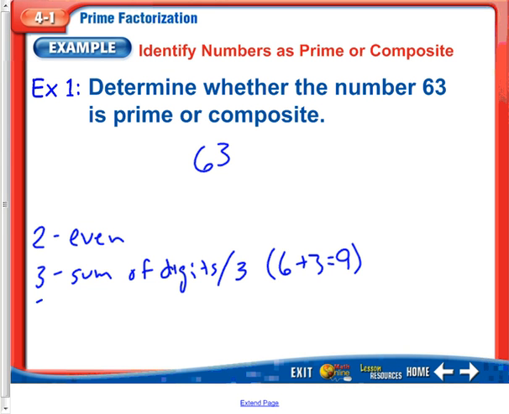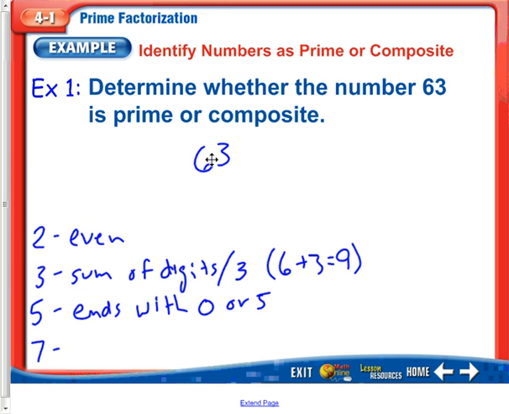For 5, the divisibility rule is that it ends with 0 or 5. And 7s don't really have a rule, so you're going to want to check 7s with your calculator. You can just take a number and divide it by 7. Just so happens in this case, 7 would work.